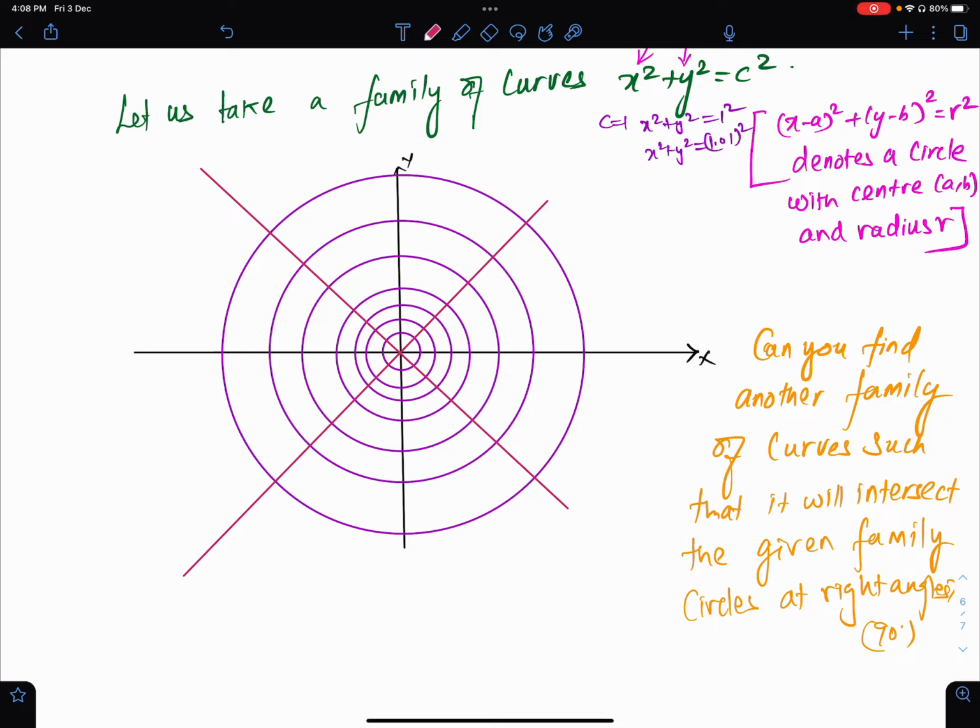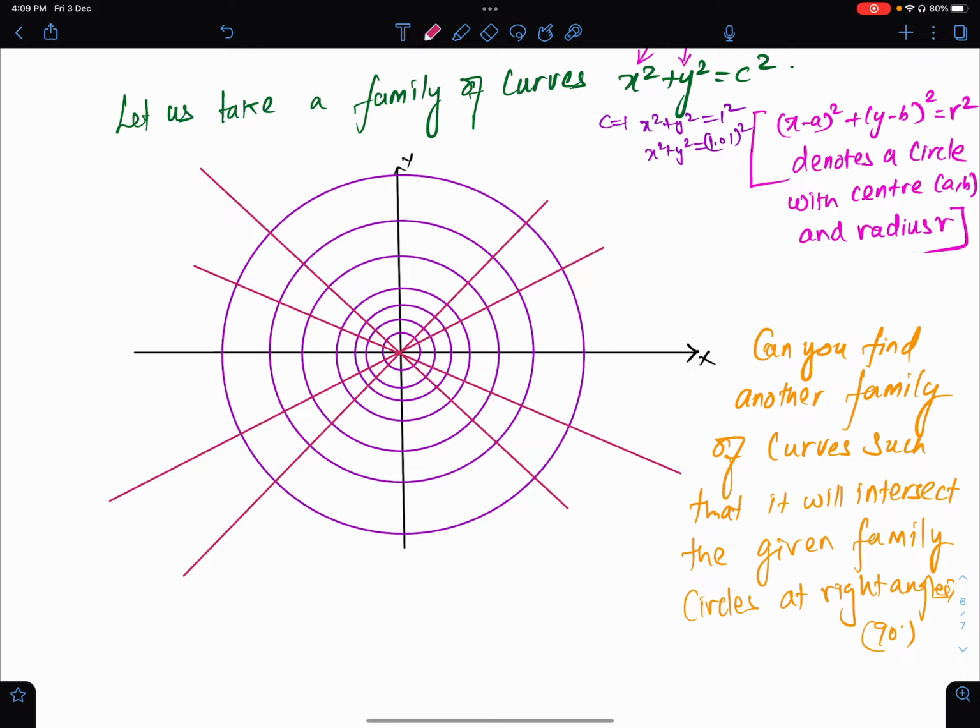These are the straight lines passing through the origin. I have drawn only a few, four straight lines.